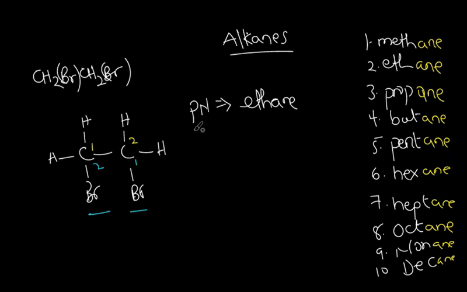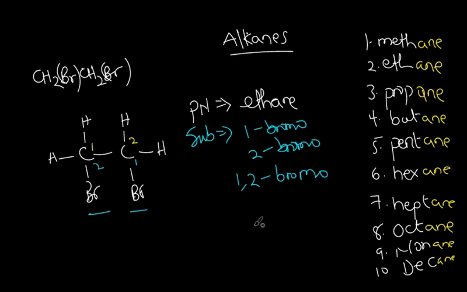So our substituent, we have 1 bromo, and then 2 bromo. But we don't write them like this, because they are 2 substituents and they are the same substituent, bromo, they are all bromine. So we write 1,2 bromo.